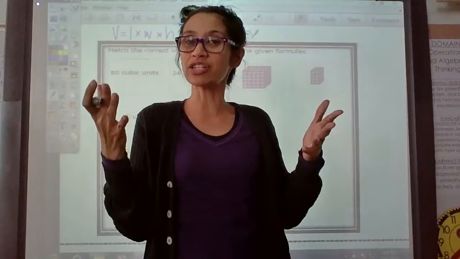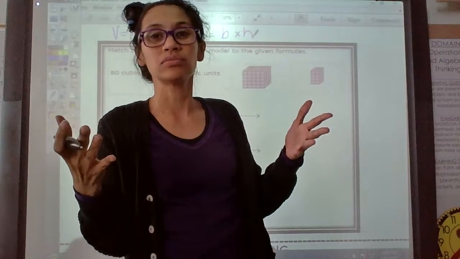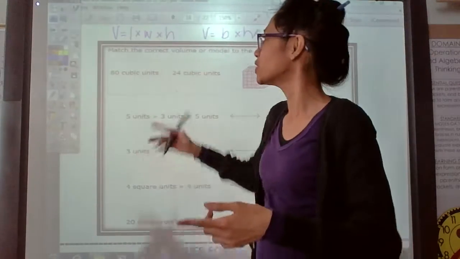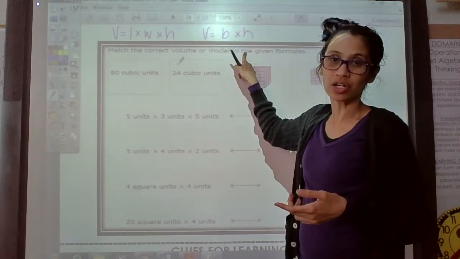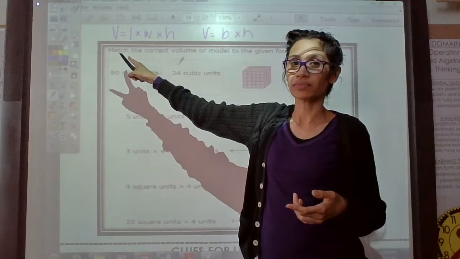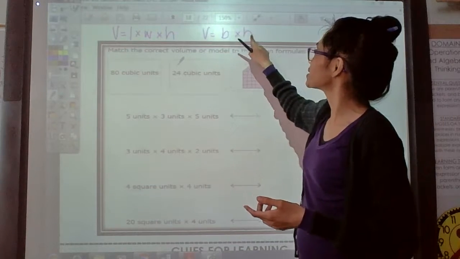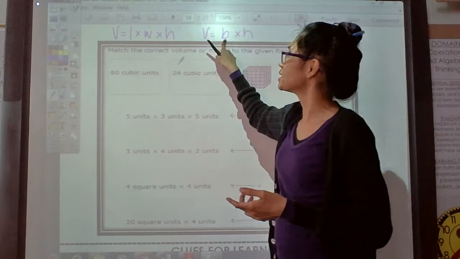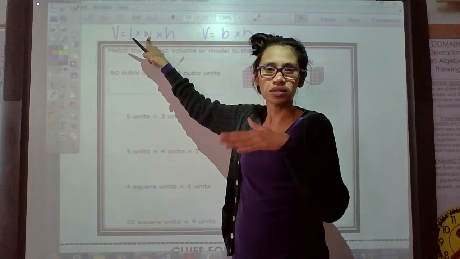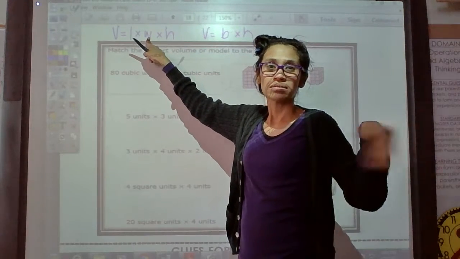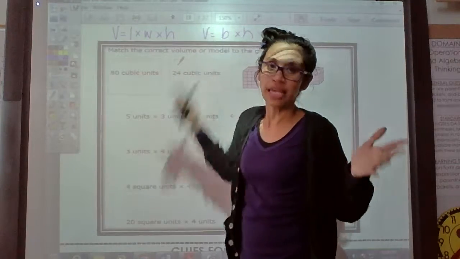Now we add the height to it, and that gives you the volume. It makes it 3D. So there's the length, the width, and the height. What do you notice here that's the same and different? The height is the same, but the base was replaced with the length and width. But remember, length and width, it's flat, so that's length times width, so that's the base. Same thing, that's the bottom.